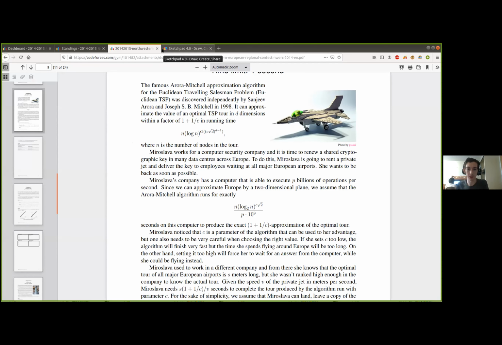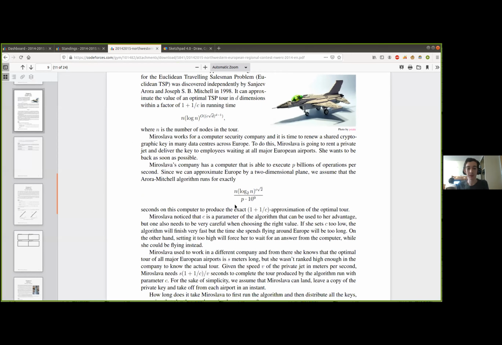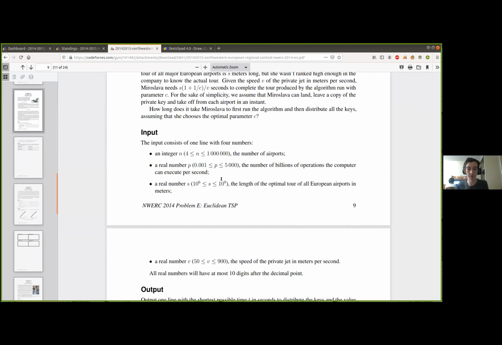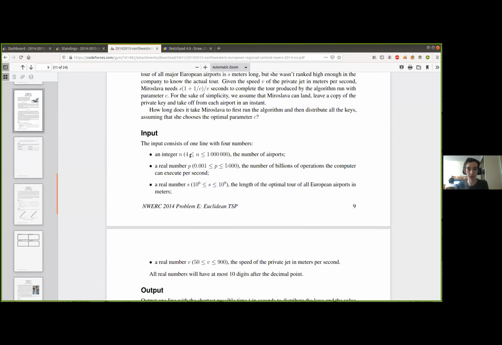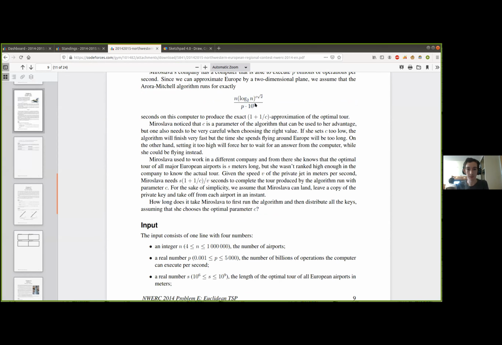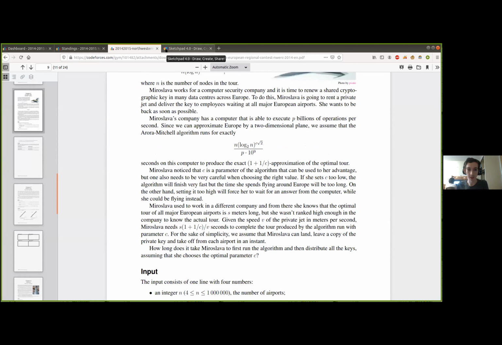Essentially, you want to run an algorithm to find a path, and then you take that path. Those 2 actions combined give you a total amount of time, and the question is what's the optimal parameter to minimize that total time.